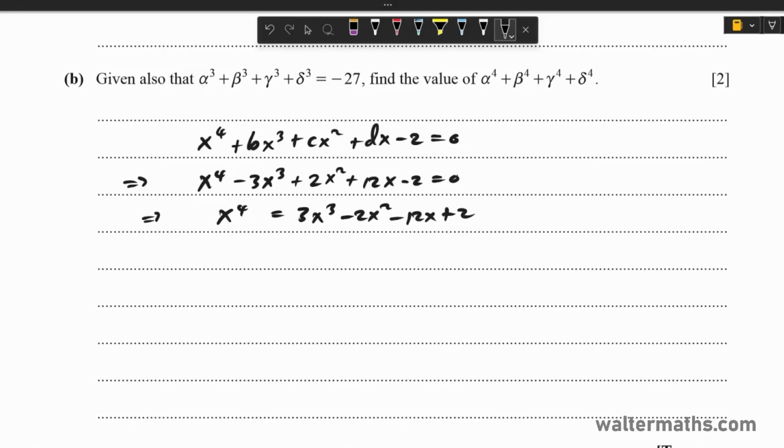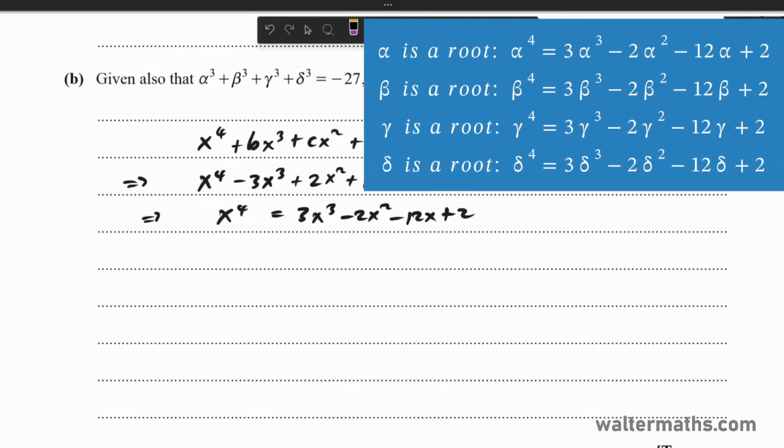Now, since alpha, beta, gamma, and delta are roots, we can substitute alpha, beta, gamma, and delta into this equation. And if we add up these terms, we will get the sum of terms of the form alpha to the 4. And adding up these, we will get the sum of terms of this form, actually 3 times.